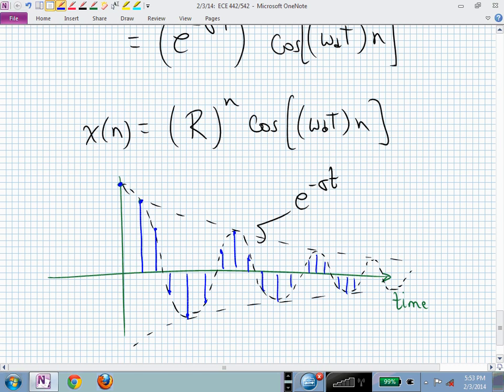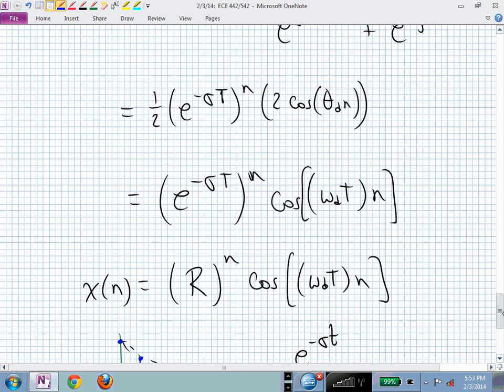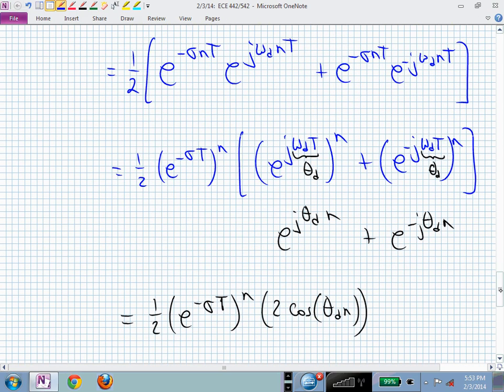And we want to know, if we have this waveform, what's its Z-transform look like? And now that we have it expressed as this amplitude, or this radial or ratio R, and this oscillating piece, which we can think of in terms of Euler, these exponentials, that's going to make our algebra easier when we start looking at this infinite sum.